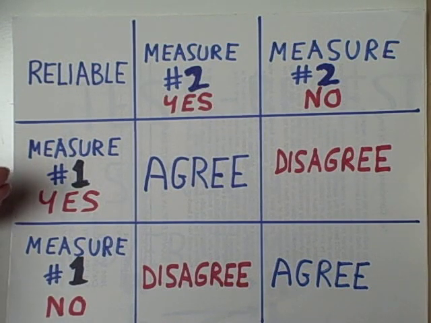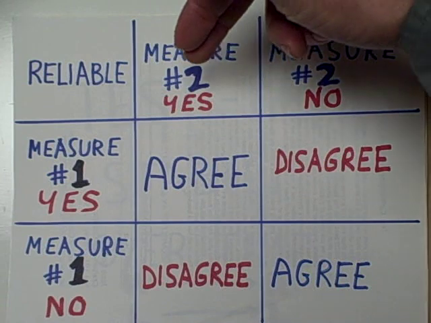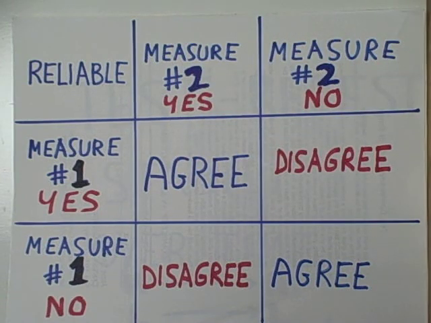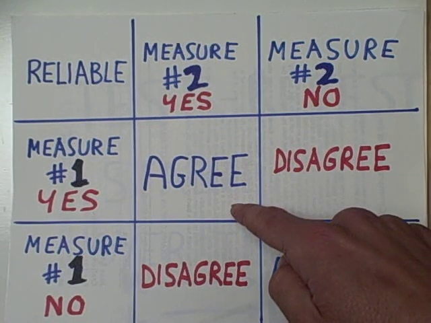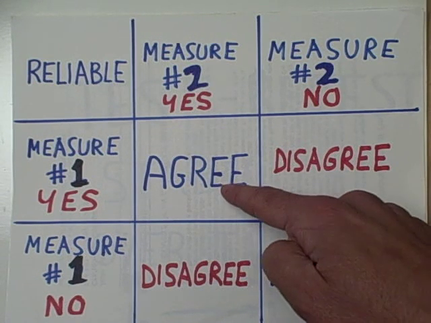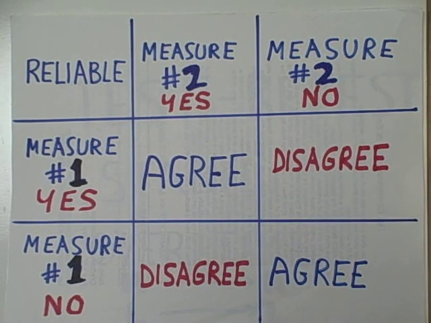The rows represent the first measurement or aspect of the measure that we do, and the columns would represent the second aspect of our measure. And if each aspect gets a yes, then we have an agreement. And if each aspect gets a no, we again have an agreement. And if our agreements are greater than our disagreements, then we have a consistency of measurement.